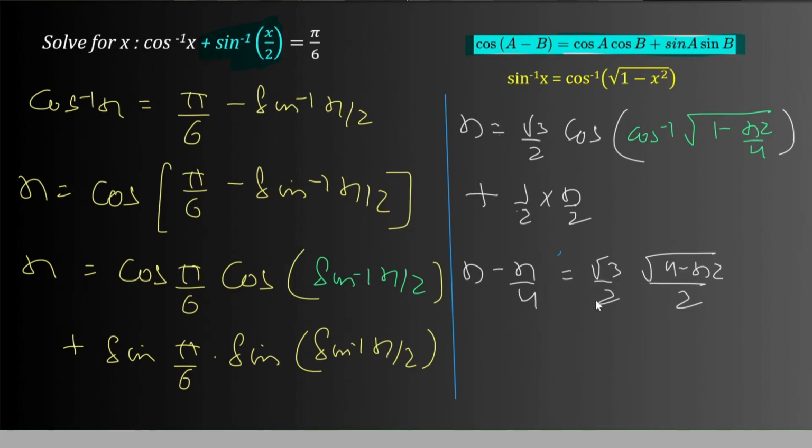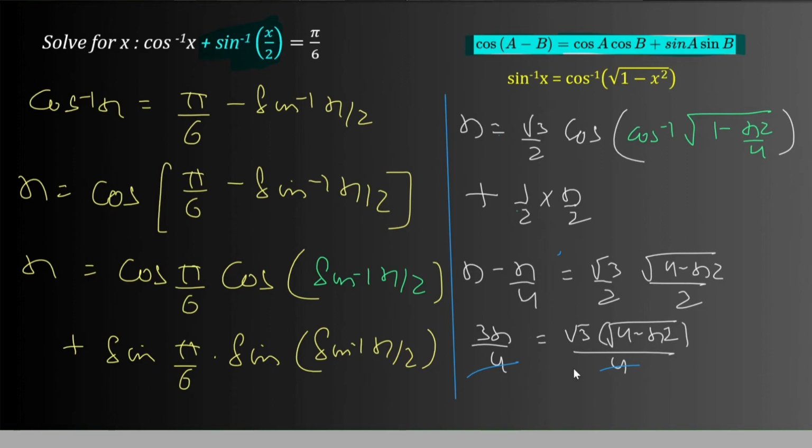Now I can see that this is 4 and this 4, after taking LCM it can get cancelled. So let me write this down. Simplifying, this is 3x by 4. This is root 3 times 4 minus x square whole under root, divided by 4. Yes, now we can cancel this 4.